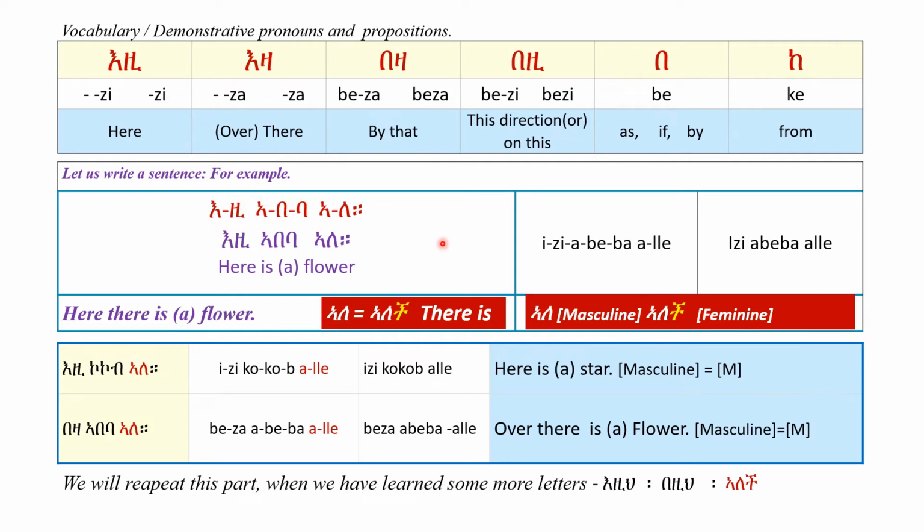For a feminine noun, we put allech. We will repeat this part when we have learned some more letters, like the word zih, bezih, allech. If we translate zi abeba alle word by word, it means here there is a flower.